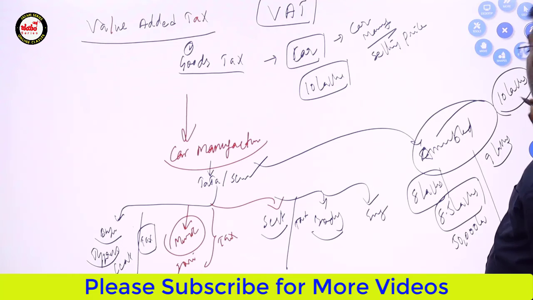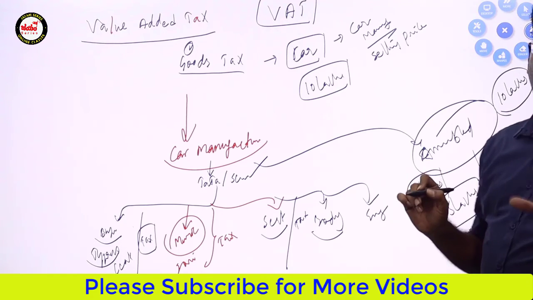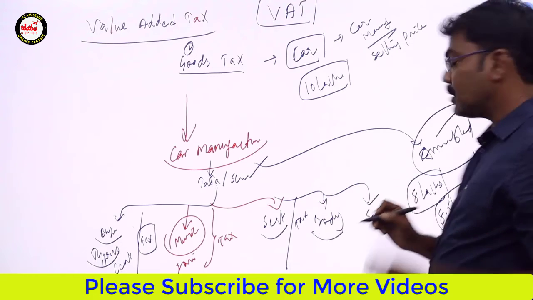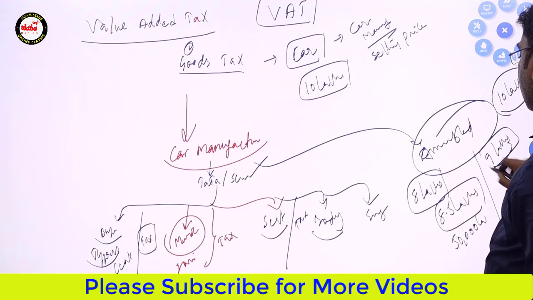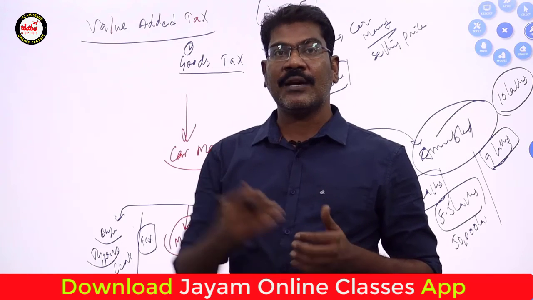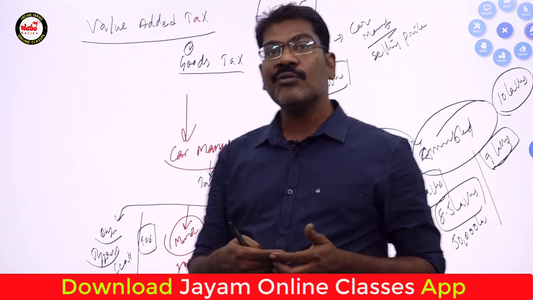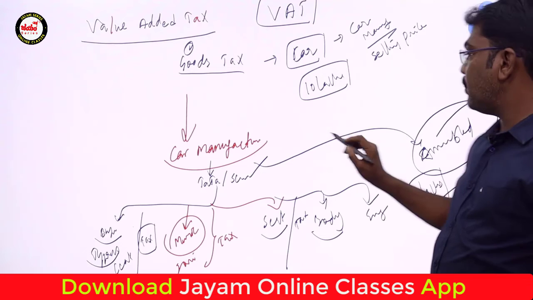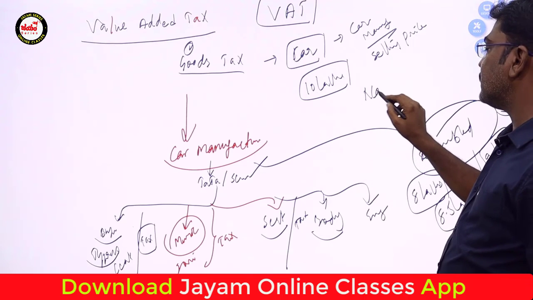Are you clear? So how much money have they paid tax on? That is for 9 lakh rupees. On 9 lakh rupees they have paid a tax of 1 lakh rupees. So what is the price now? 10 lakh rupees. Actually, the rule in taxation is that there is no double taxation.